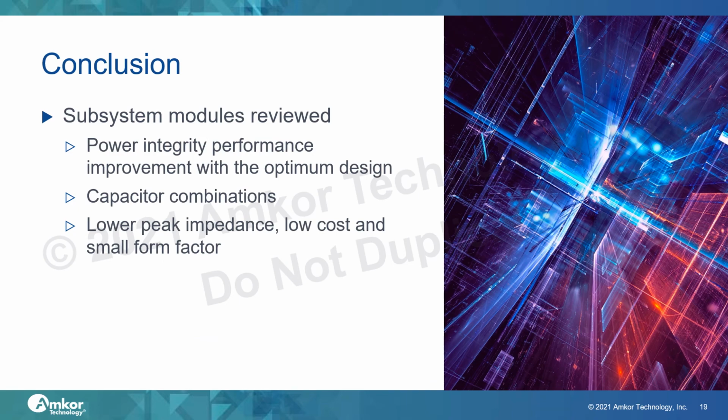Even a DSCP model experiences power integrity challenges due to many PCB layers, component placement difficulties, and long decoupling paths. This topic has reviewed the advantage of a subsystem module that can improve power integrity performance with the optimum design and capacitor combination.